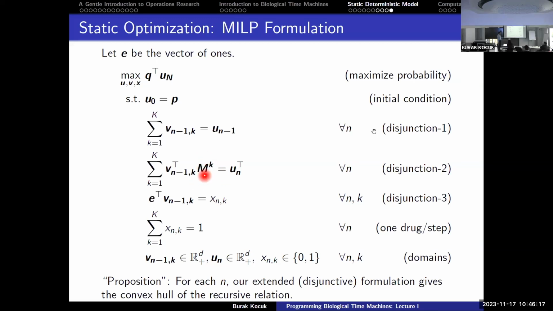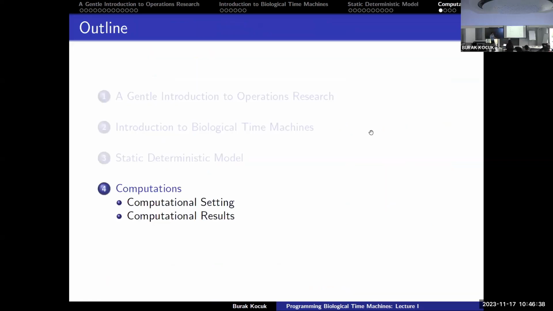Now this is constant. There is also a theoretical background about why doing this is the right thing to do, but I will not go into it. Let's see some numbers.